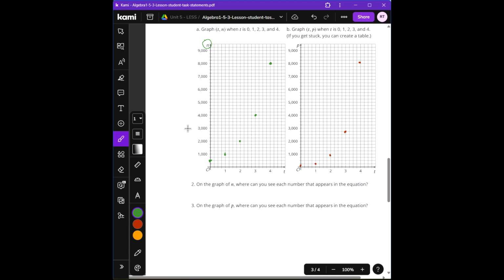Okay, 500 is the vertical intercept, or the value of n when t is 0.